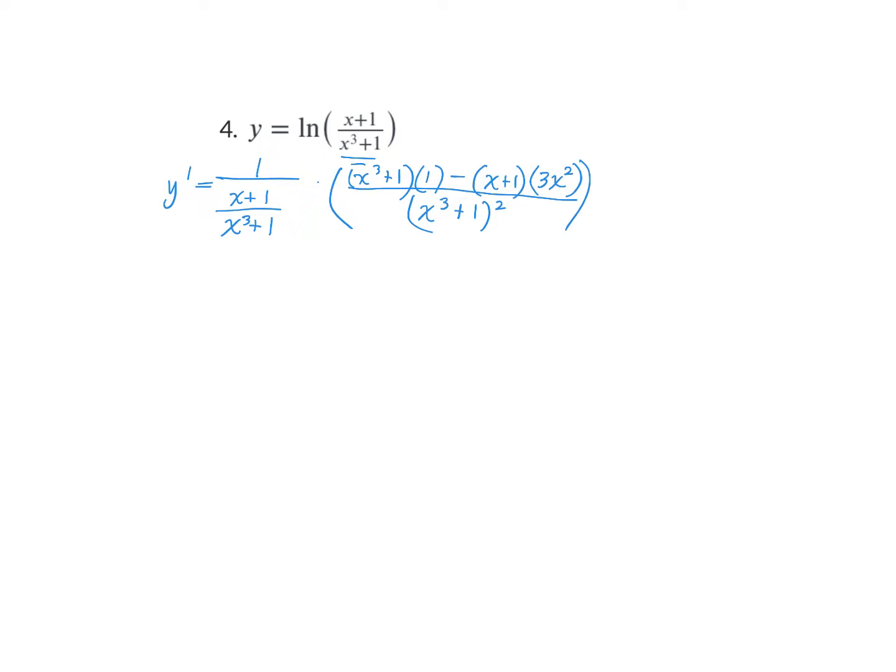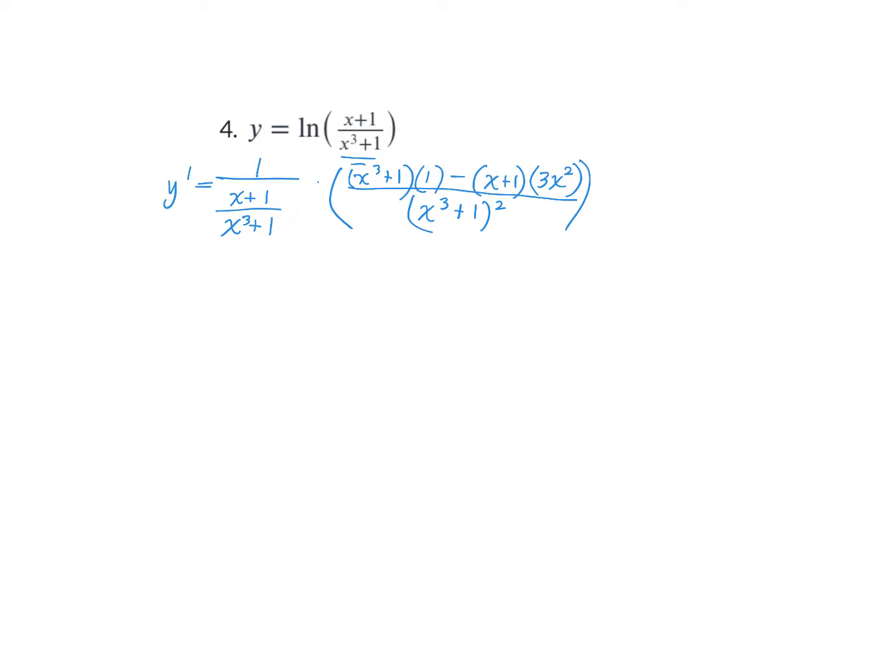The other way to do this problem is to use a law of logarithms. So I'm going to do a quick review for you. You probably learned these laws in Algebra 2, perhaps pre-calculus, but may have since forgotten them. And so there are 3 laws of logarithms that I think you should know because you might use them for some of the problems in the homework or the quiz.